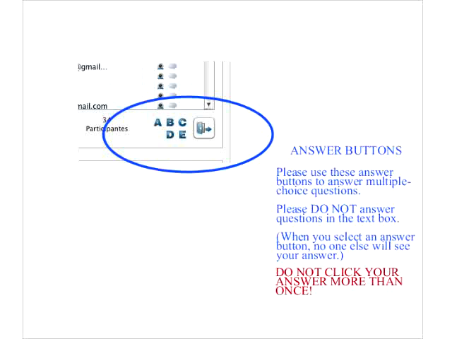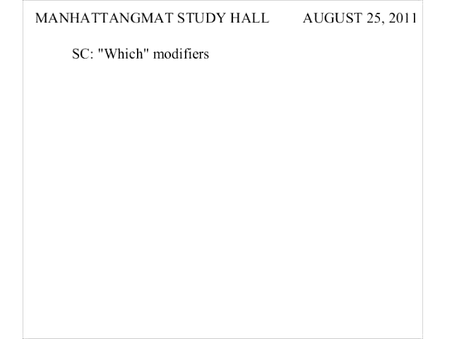Okay, again, for those of you who are latecomers, the main theme of these problems is which modifiers. They're going to be sentence corrections, all of which contain the word which in some way, shape, or form. I anticipate that there will be some side discussions of various types, but all of these problems are connected by having a which modifier in them at some point.